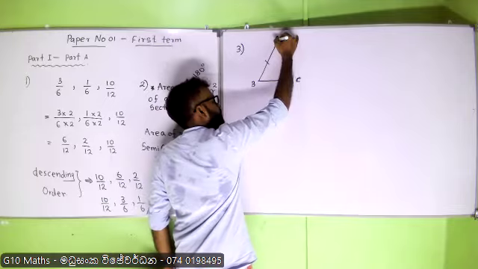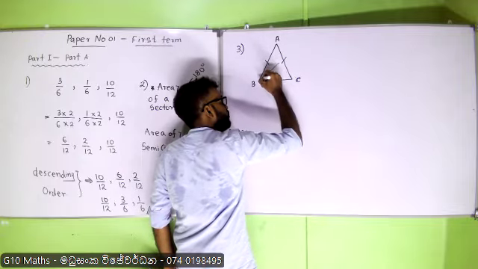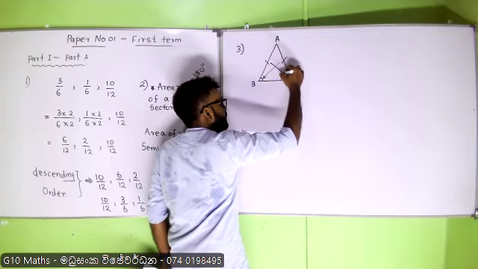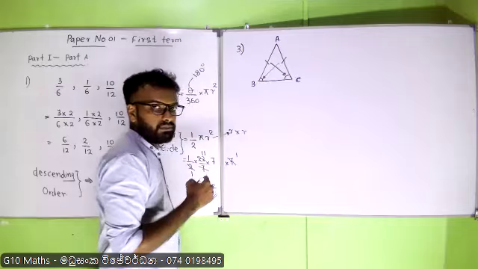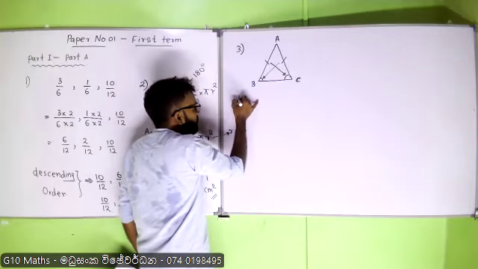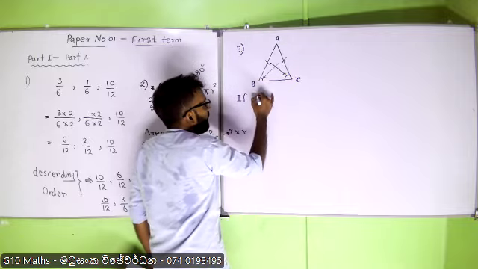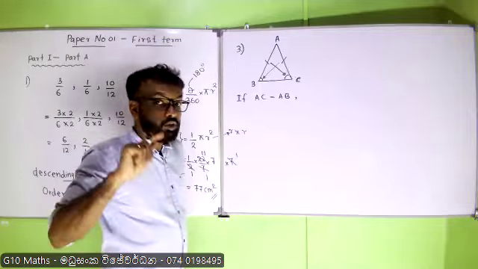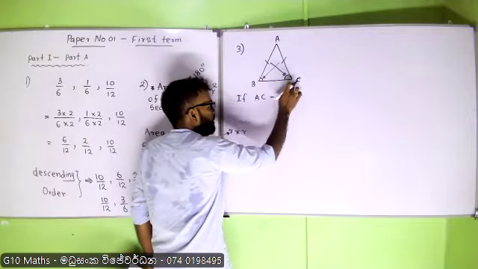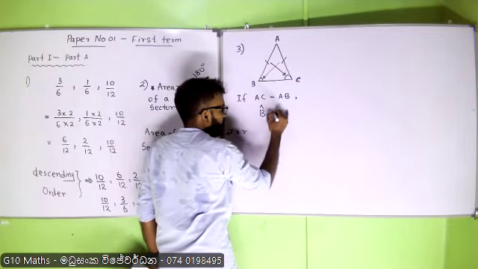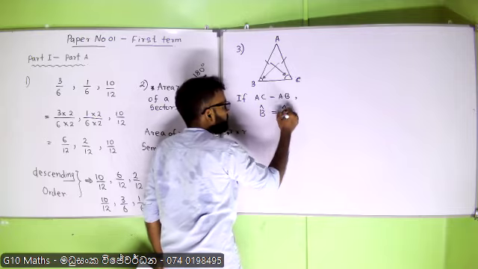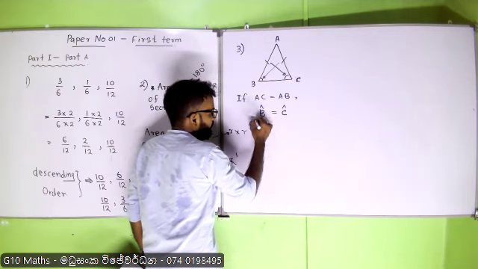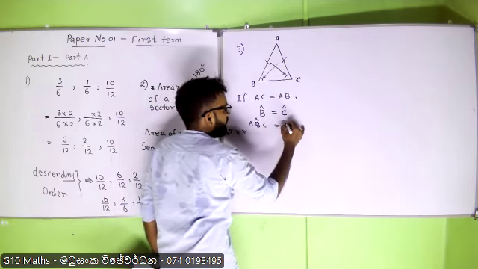The opposite angle for this AC side is angle B, and the opposite angle for this AB side is angle C. Because AC equals AB, if you have an isosceles triangle, you can directly write angle B equals angle C. You may also write angle ABC equals angle ACB, same thing.